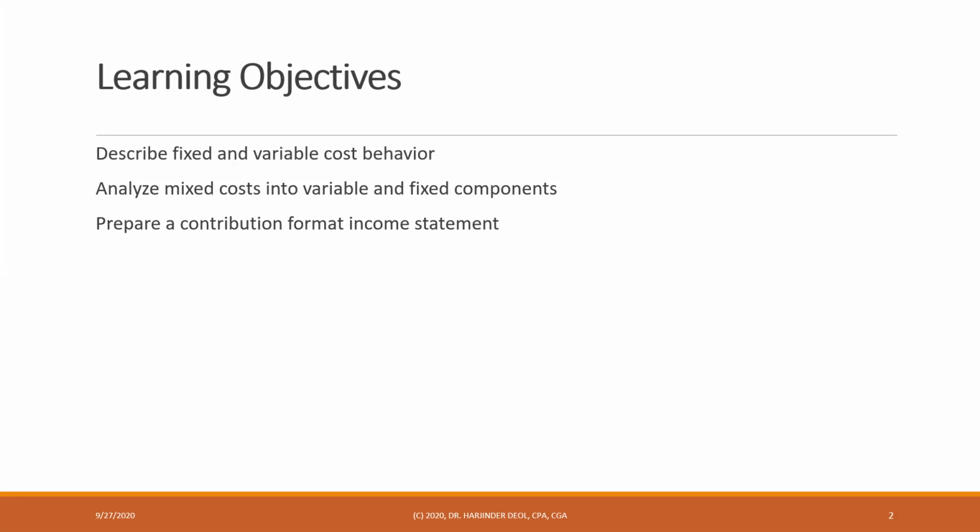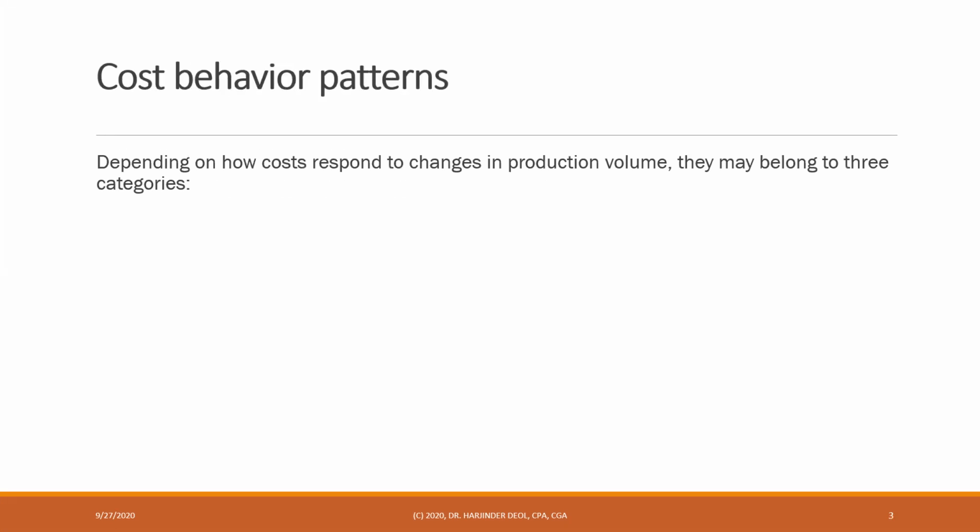format income statement. So looking at our cost behavior pattern, when the management decides to offer a new product, they have to predict the demand so they can estimate the revenue, which is easy because the revenue piece is based on the demographics, the selling price per unit, advertising, and so on and so forth.